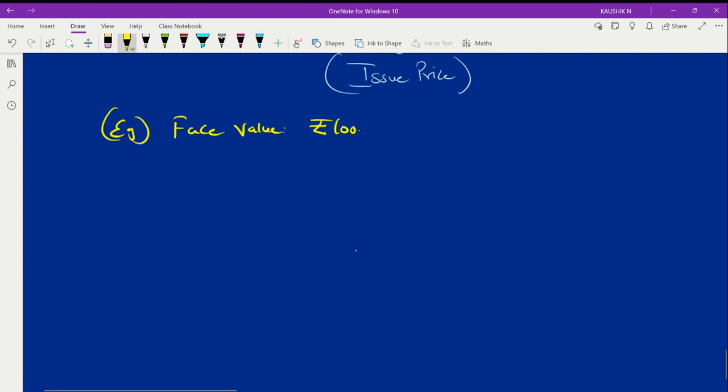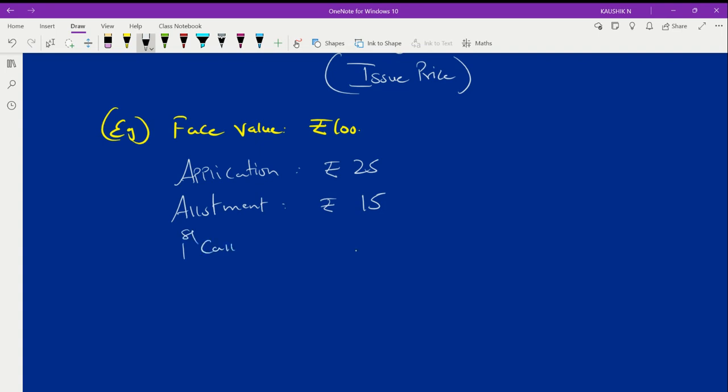This 100 rupees will be broken down in such a way that application is rupees 25, allotment rupees 15, first call rupees 25, second call rupees 20.